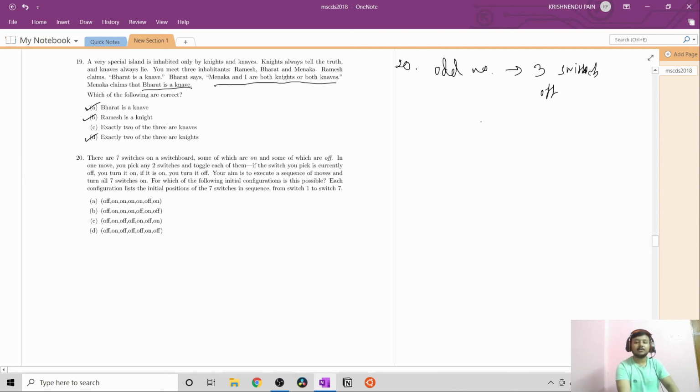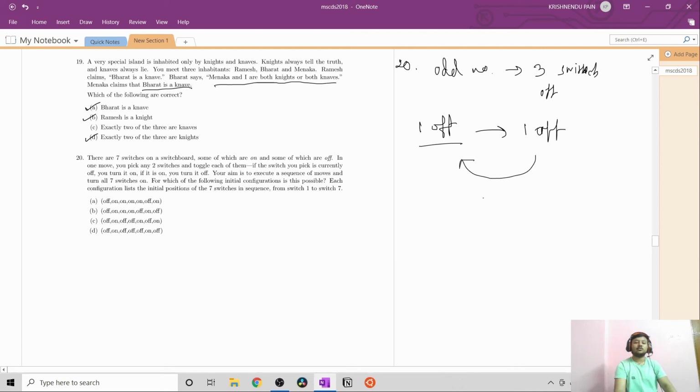Then pick any 2 and toggle them, and that leaves only one switch off and the others on. You have to pick 2 switches at a time. If you pick this off switch and an on switch and toggle them, then this switch will be on, but the other on switch will be off. Again this continues, and it is a cycle.